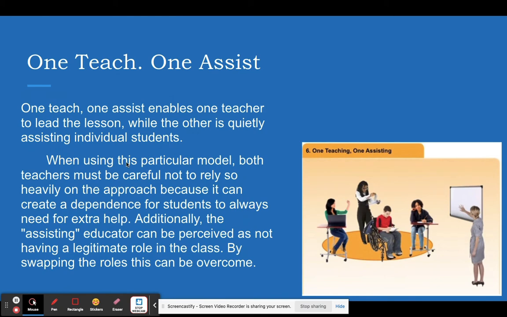One teach, one assist. I've seen this work really, really well, where one teacher takes the lead and one teacher is assisting. Maybe they're assisting 4 or 5 students as a special educator. One of the drawbacks with this is you can't always have the same person assisting. Remember, it's about that balance.